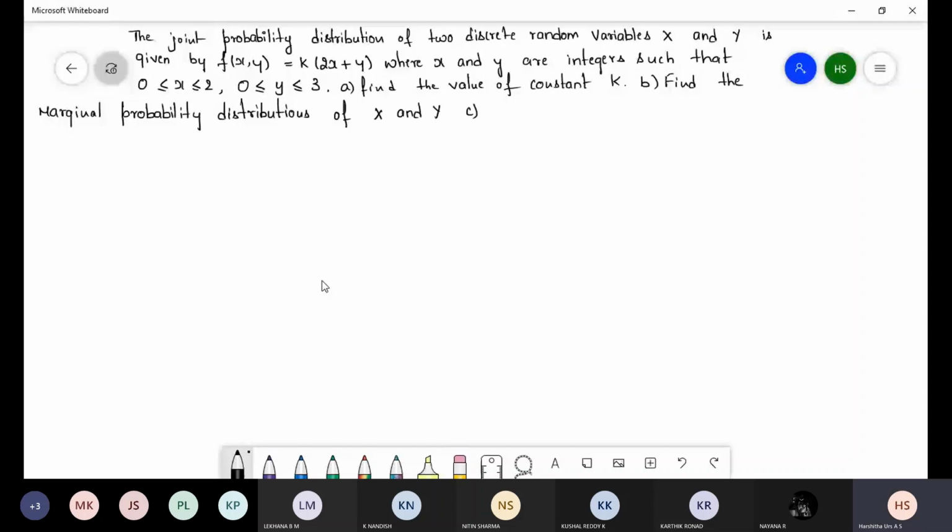Third one, show that the random variables x and y are dependent.